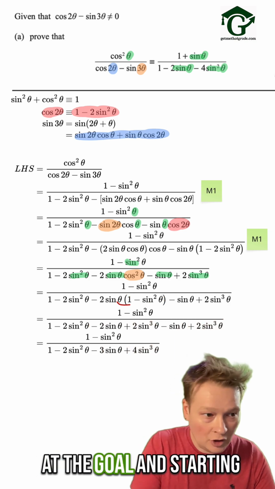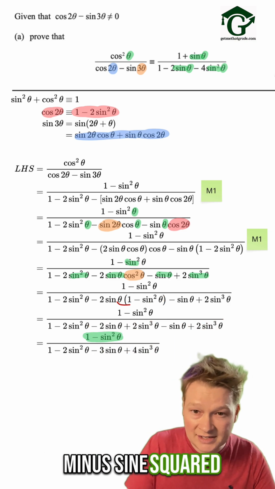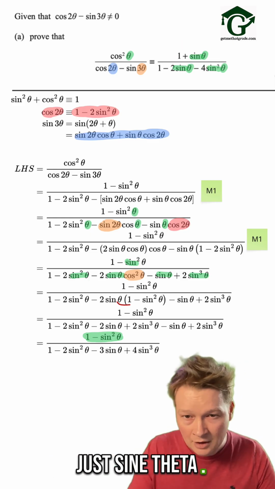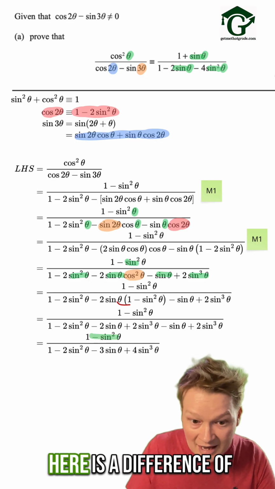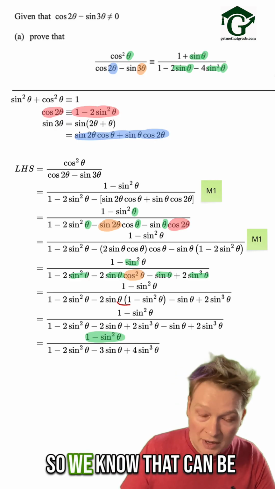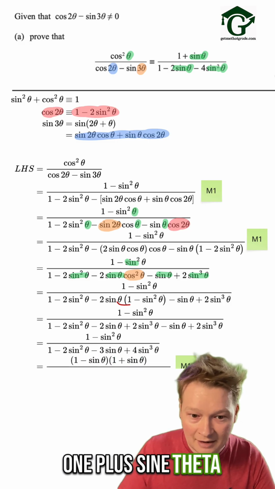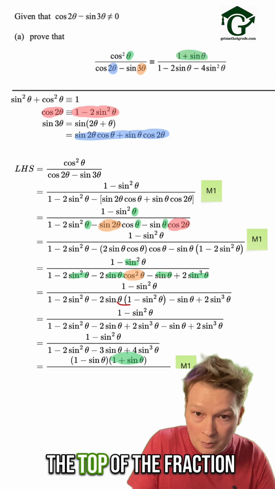Now, you might be looking at the goal and starting to worry here, because on the top of the fraction, we have 1 minus sine squared theta, but within our goal, we have 1 plus just sine theta. But you should spot something. You should spot that the top of the fraction that we have here is a difference of 2 squares. So we know that that can be factorized as 1 minus sine theta and 1 plus sine theta. So that's where the 1 plus sine theta is on the top of the fraction here.